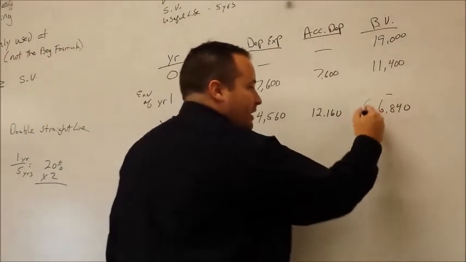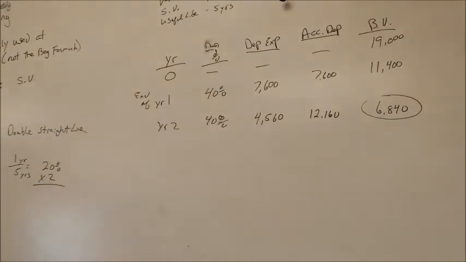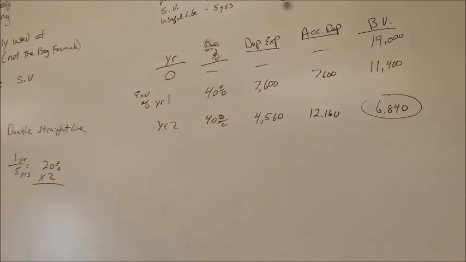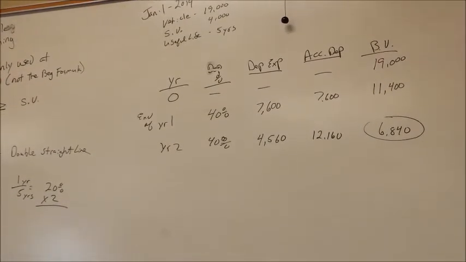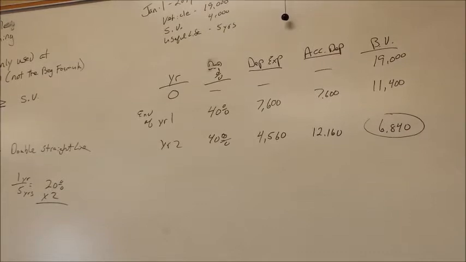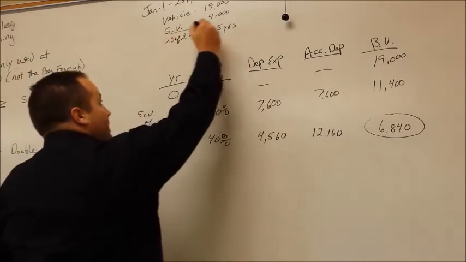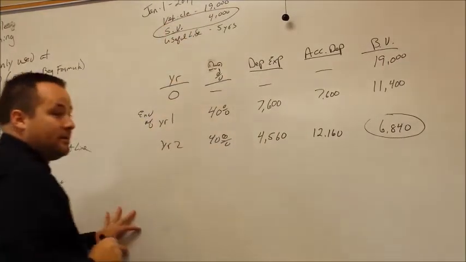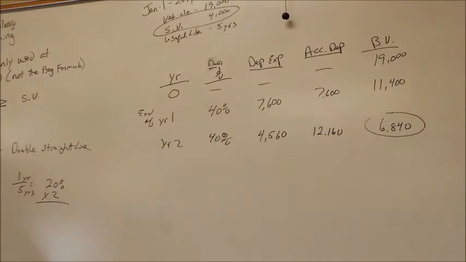Now I'm starting to get close. I want to start keeping this number in the back of my mind. 6,840 is getting close to what? The salvage value. This is the book value. I've got to start thinking about this. My book value can't drop below the salvage.